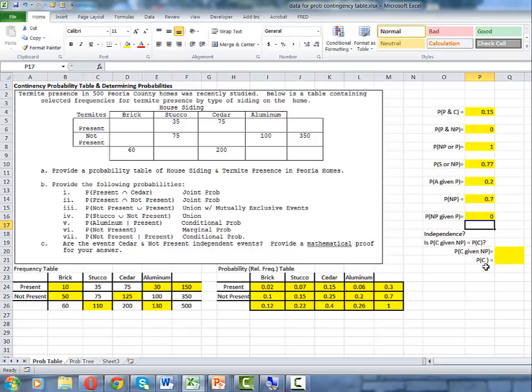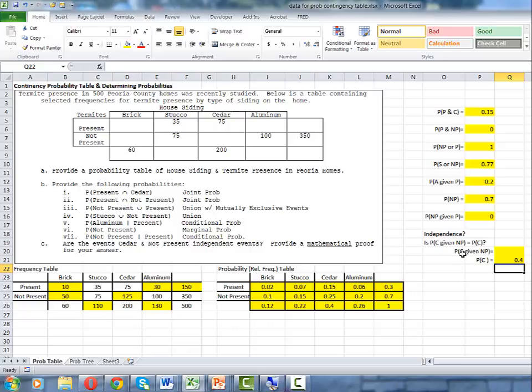So the probability of picking a house at random and it being a cedar sided home is just simply right here, 0.4. Right? So the question is, if I know now, if I limit it to this group here of not present, 70% of the homes rather than all 500 of them, will that matter?